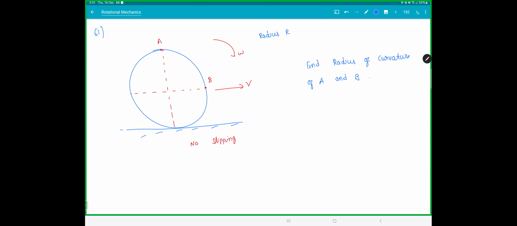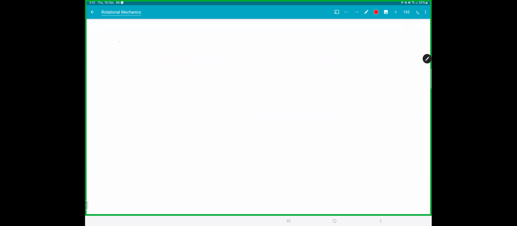Let's see. Now remember, radius of curvature, how do we find it? The radius of curvature is given by V square by the perpendicular component of acceleration, isn't it?